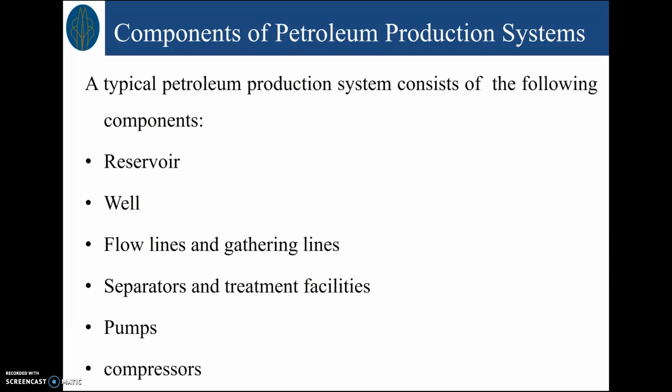But here are the main components that are typical in any production system. We are going to discuss these components in detail, to see what they look like, what the function of each one is, and what its location is in the process flow diagram.